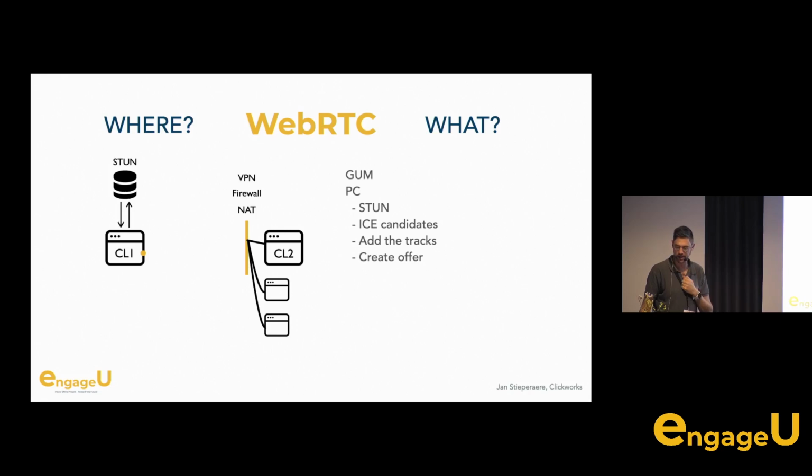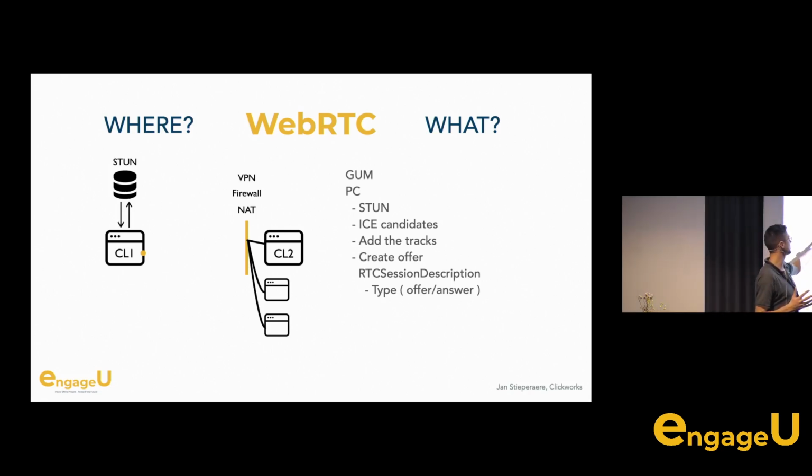Another term, but I'll explain. There are two parts in an offer. It will set an RTC, so real-time communication, session description. And what is in that session description? It has a type. It's also just a JSON object. I'll show you an example in a couple of minutes. And it's of the type offer or answer. There is always one client that decides, okay, I want to call you, or I want to start this session.